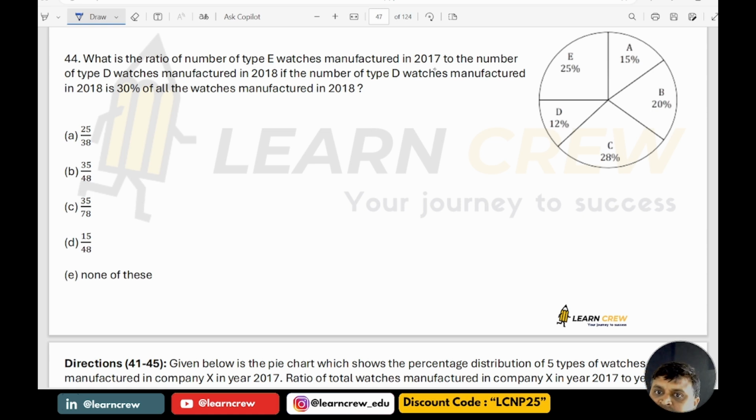So in 2017, type E is 25% of 7x, and type D in 2018 is 30% of 8x. Now what are we going to get? 5 6s are 30, 5 5s are 25. X cancels, so the answer is 35 is to 48. Option B is correct.